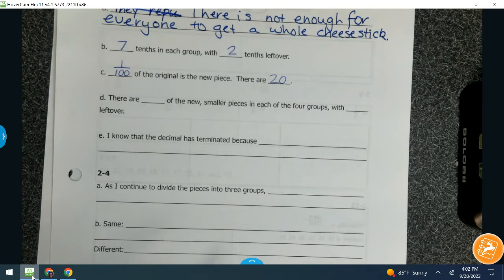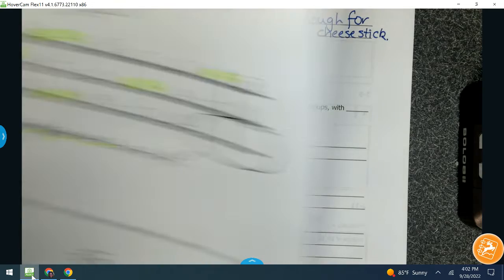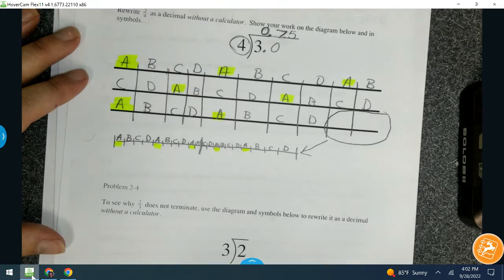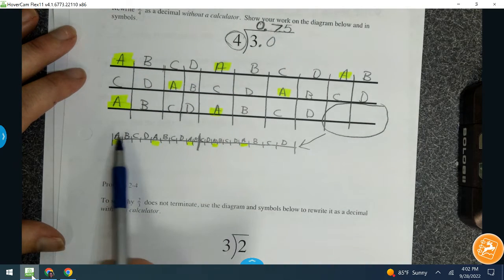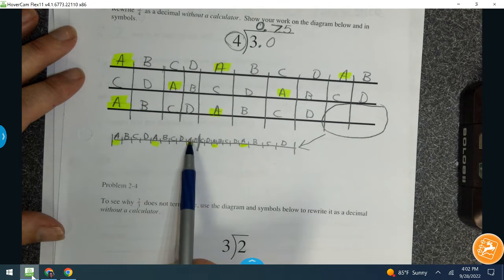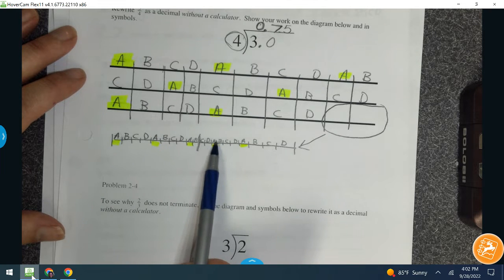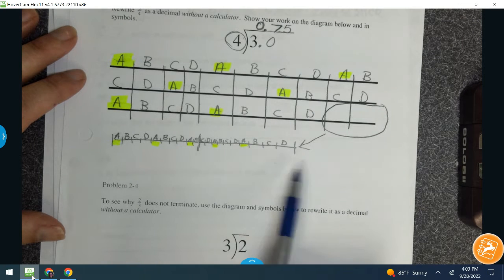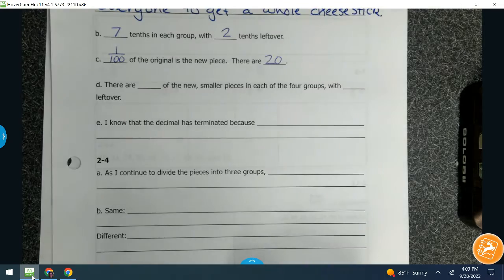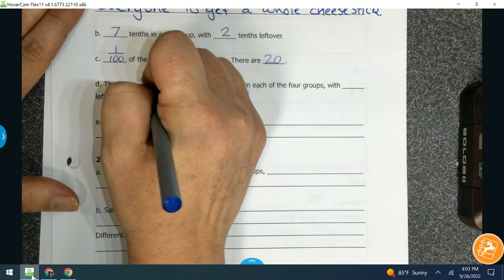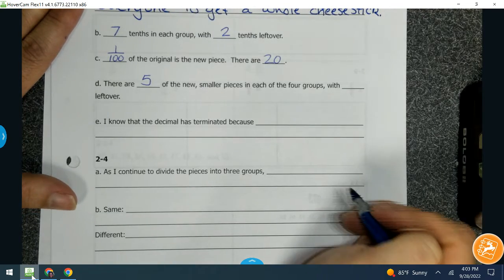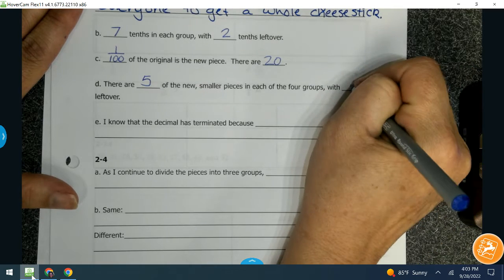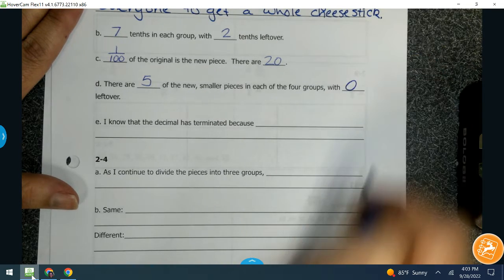And when we put those into the 4 groups, like we did right here, we have 1, 2, 3, 4, 5. So we have 5 of them. How many leftovers did we have? Hopefully you saw that we have 0 leftovers.